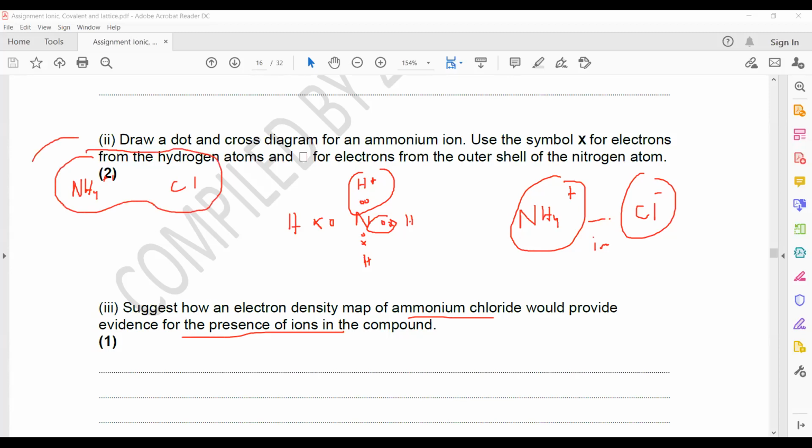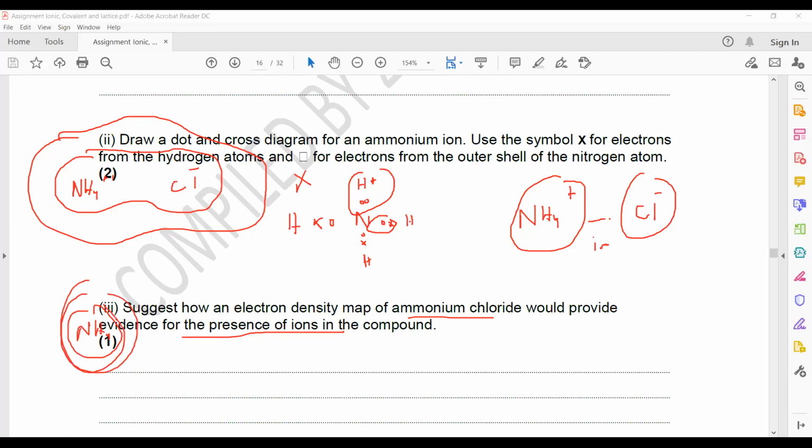It should be like this. But this is not covalent, so there are separate electron density lines for the positive ion and separate lines for the negative ion. That is how the electron density map shows it is ionic, not covalent.